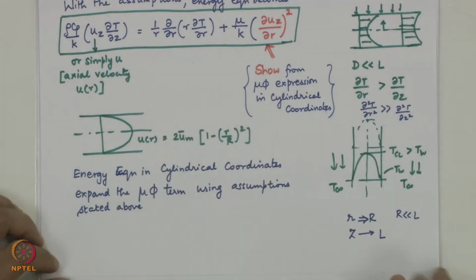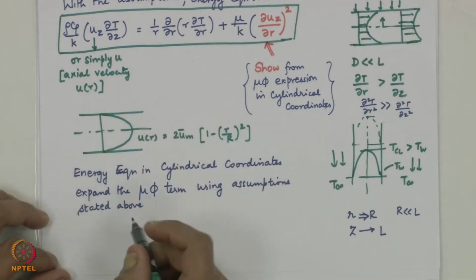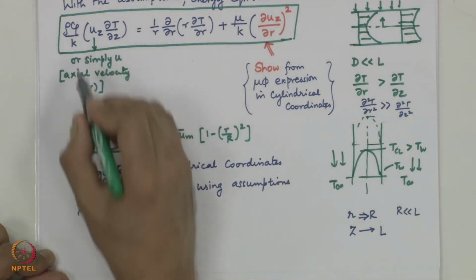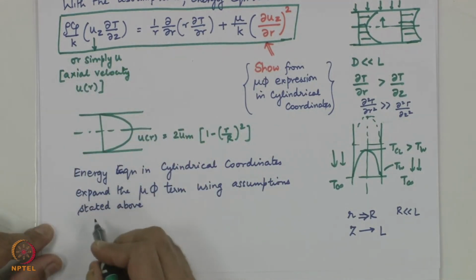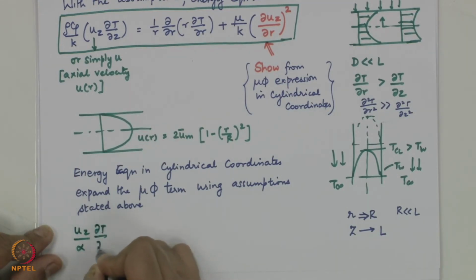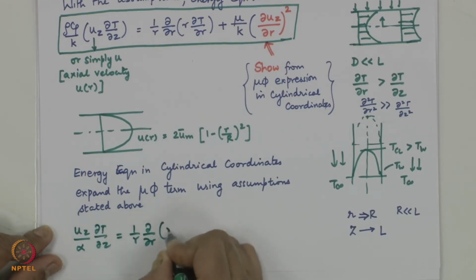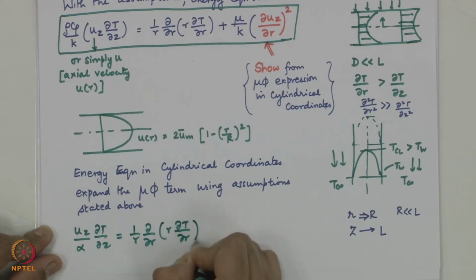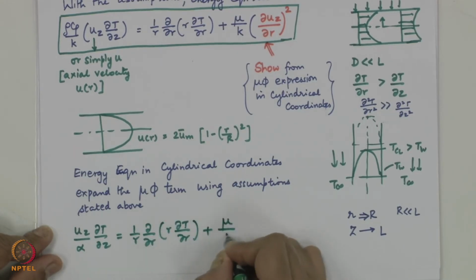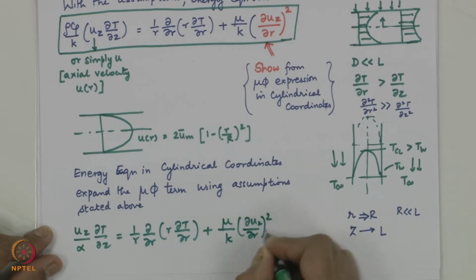So, on simplification, when I group the terms together, taking rho Cp by k equal to 1 over alpha, I would get uz by alpha dT by dz is equal to 1 by r d by dr of r dT by dr plus mu by k times duz by dr the whole squared.